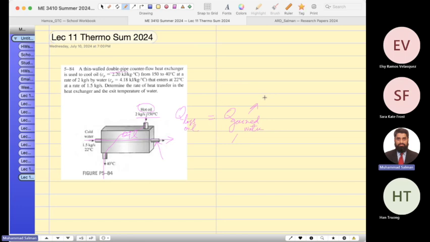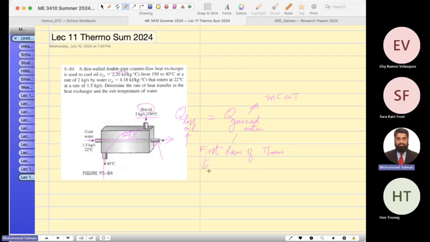So you remember the formula m c delta T, heat gain. But heat loss from oil, let's apply the first law of thermo.